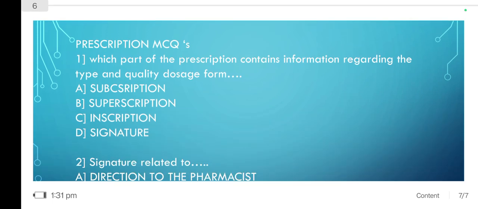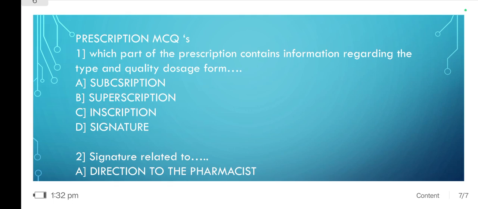Prescription MCQs. Today's topic is prescription MCQs. Which part of the prescription contains information regarding the type and quantity of dosage form? Option A, subscription. Option B, superscription. Option C, inscription. Option D, signature.